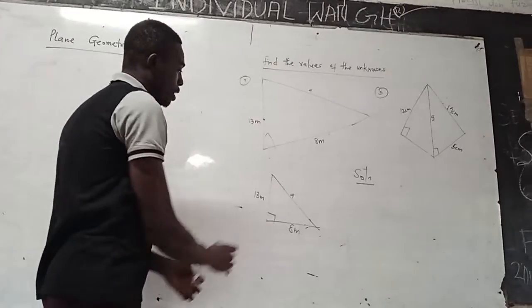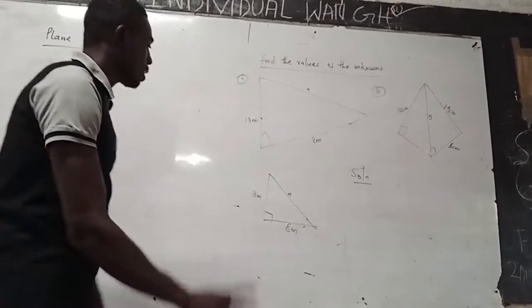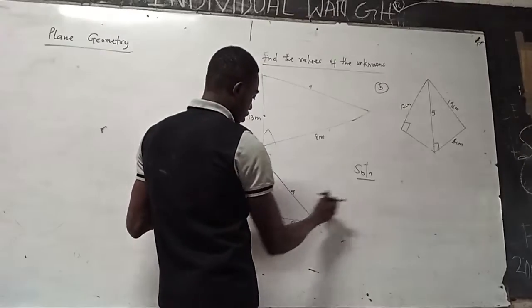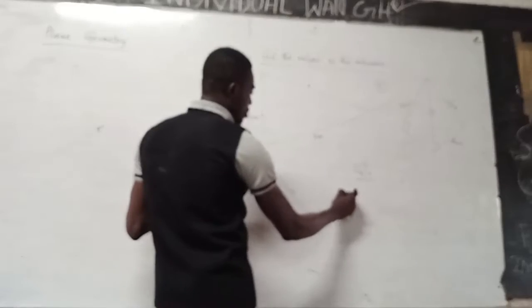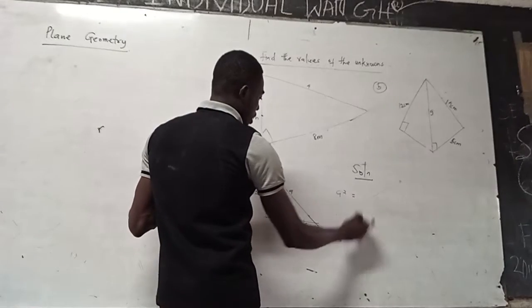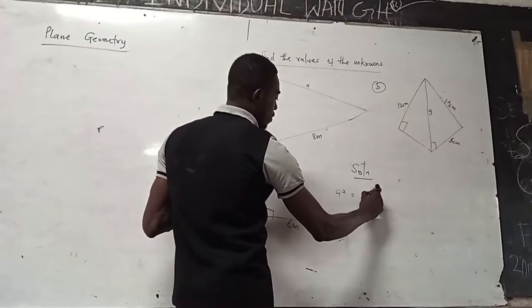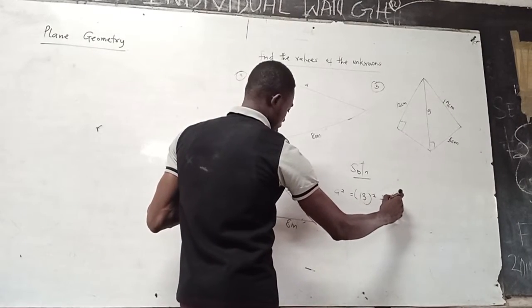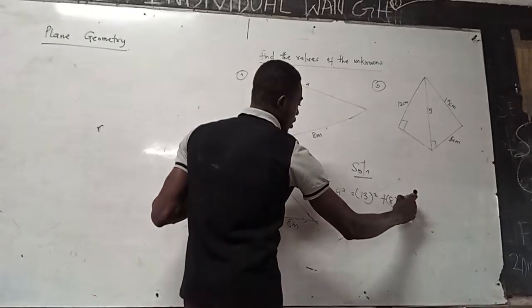So once you have this, what is it that they want you to find? Once here is the hypotenuse, it means that A squared is equal to 13 squared plus 8 squared.